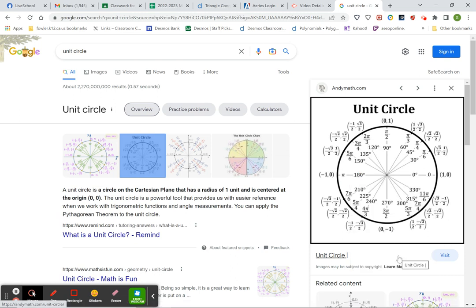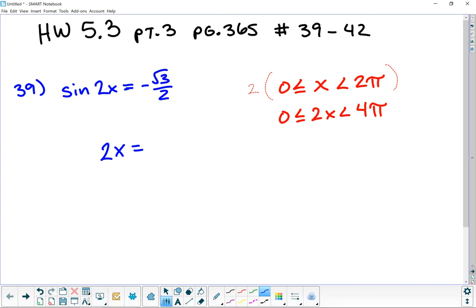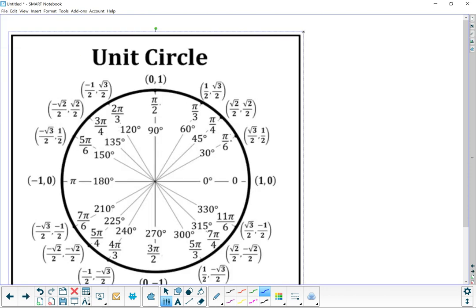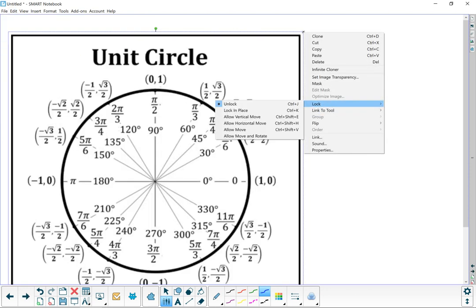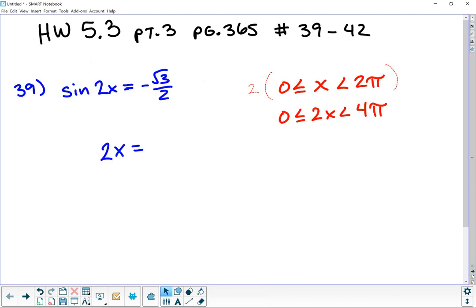Let's copy it. No. All right, so let's go ahead and put it on this page. Okay, so we are looking for... sorry about that. Should have had that planned out.